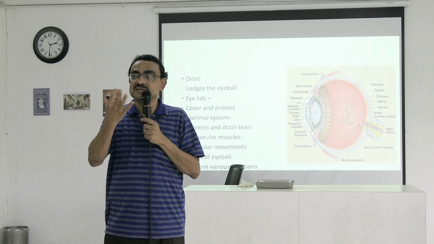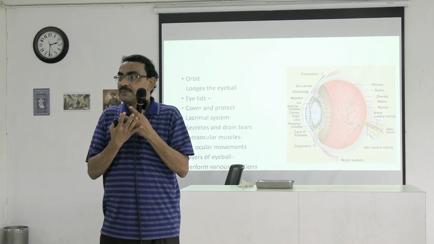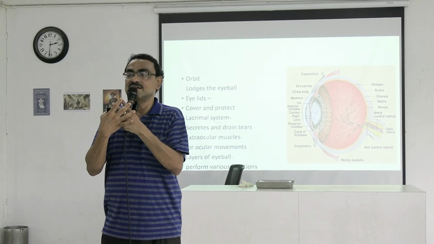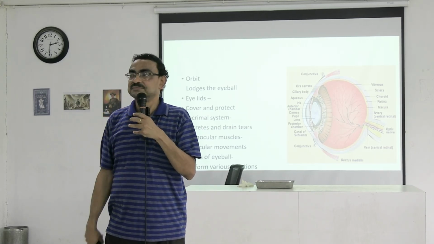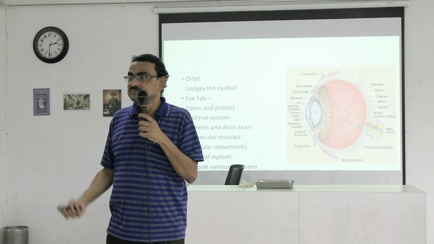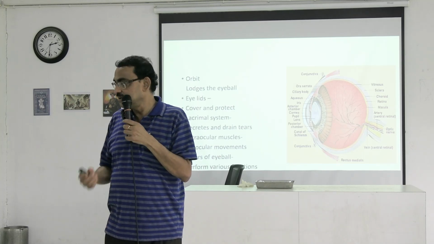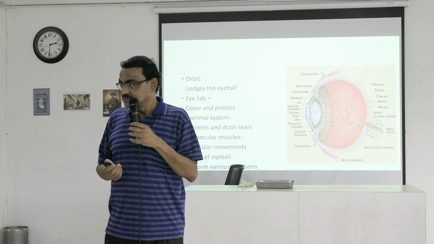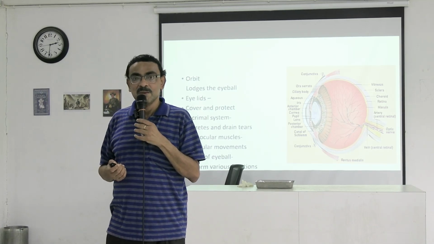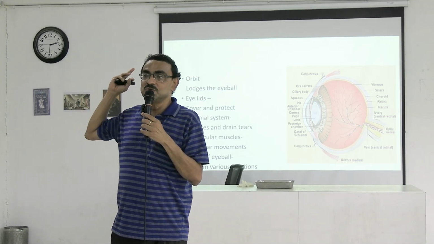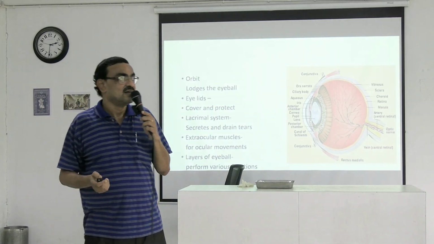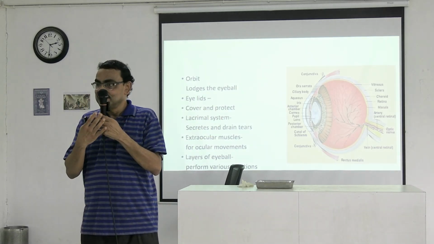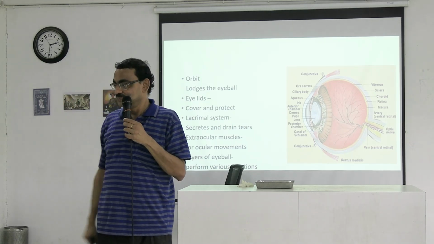So it becomes sieve-like, that means net-like. Again, we can assume there is a net-like structure, a sieve-like structure. What is sieve-like or net-like? Exactly. So we should call it lamina cribrosa.